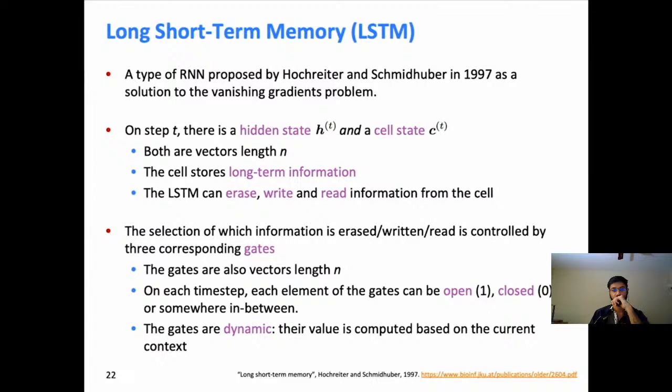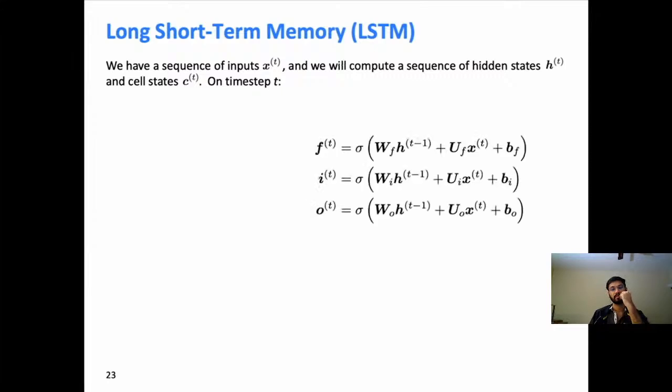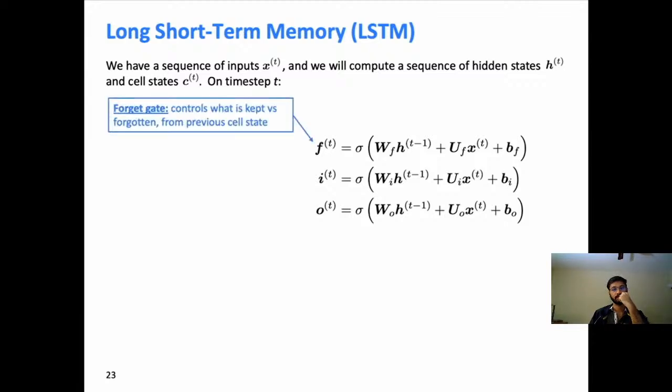Here are the equations for the LSTM, which might make it clearer. Suppose we have a sequence of inputs xt, and we want to compute a sequence of hidden states ht and cell states ct. This is what happens on time step t. This first set of equations shows you the 3 gates that I talked about before. The first one is called the forget gate.